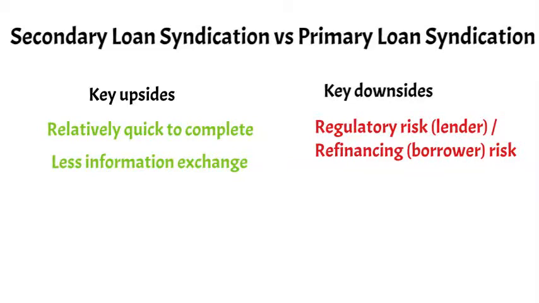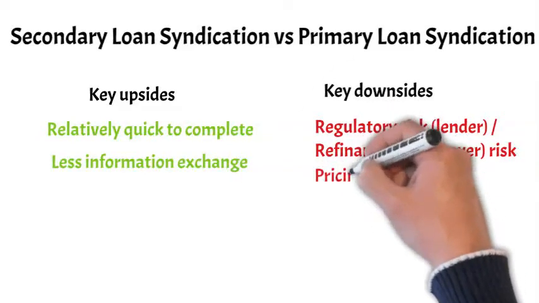If within this time parts of the loan cannot be sold on the secondary loan market at least at par, the original lender will need to sell them at a discount and take the corresponding loss. This regulatory risk can be flipped to the borrower's part of the table by a contractual provision in the credit agreement obliging the borrower to refinance, at least in part, the loan within a pre-agreed period of time, usually 1 year.